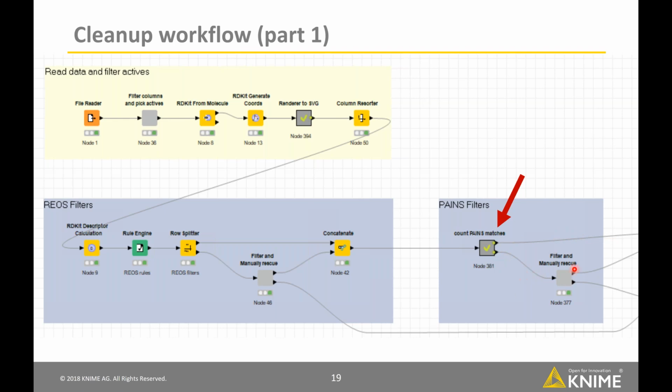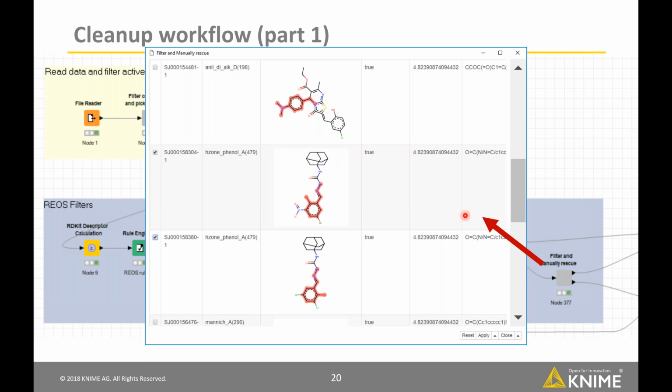And here again, I'm going to show the compounds to the user, allow them to take a look at them, and take any compound that they're still interested in keeping, flag it, and have it come back in and get combined with the other ones. So here is what the view of that node looks like. This is a little bit different because it shows the compounds and it also highlights the panes match in the molecule and shows what it is.